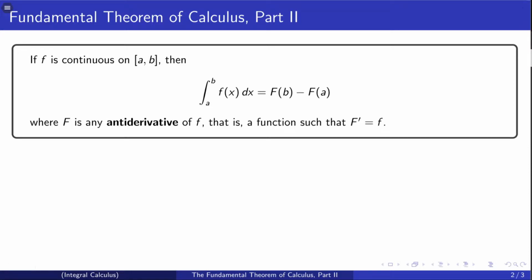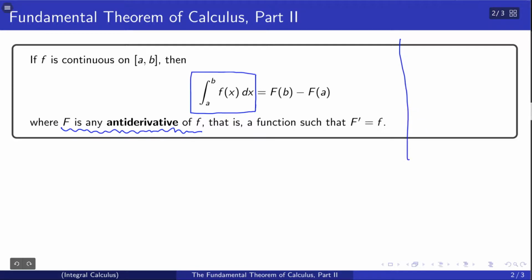And it turns out that in order to evaluate an integral, for instance, here we have the integral of f of x dx from a to b, the fundamental theorem says it suffices to find a function capital F that's an antiderivative of small f. And what does antiderivative mean? Well, it's basically the reverse of differentiation, right?